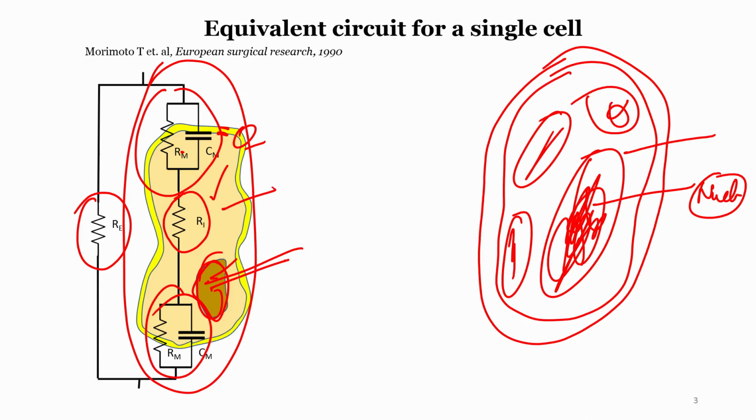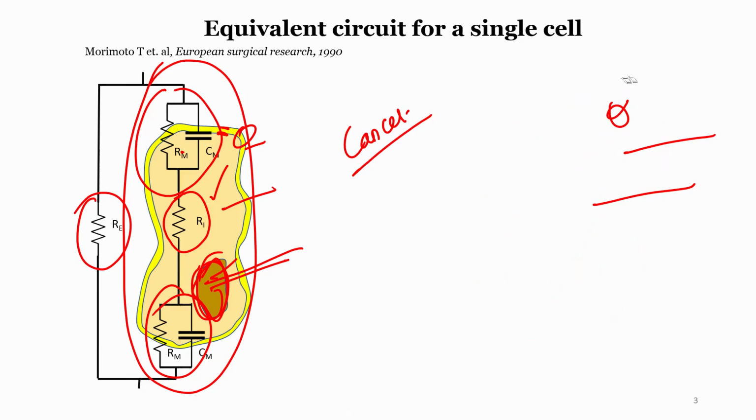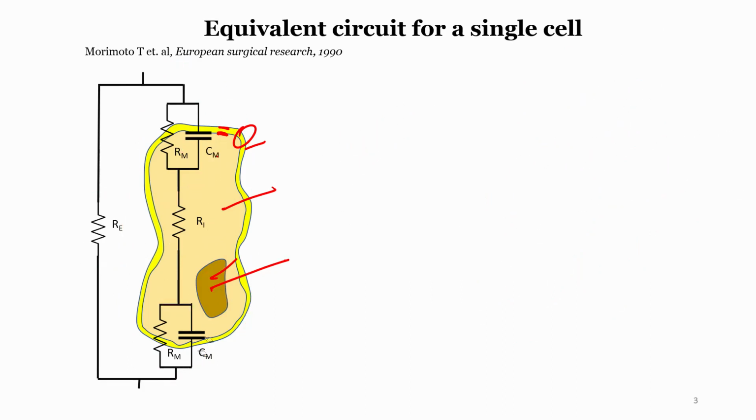So, that is why the nucleus is still shown, because there are conditions like in cancer where the nucleus might become bigger and contribute to the actual effective equivalent circuit of the cell. Okay. So, I think this is very clear for you. As I described earlier, the only thing that you need to think about is the cell membrane, the cytoplasm and the extracellular matrix, and the nucleus to some extent.